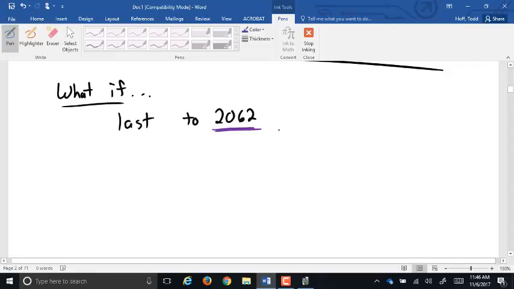So let's say we want this to last until 2062 before it runs out of money. What does the peak balance need to be?